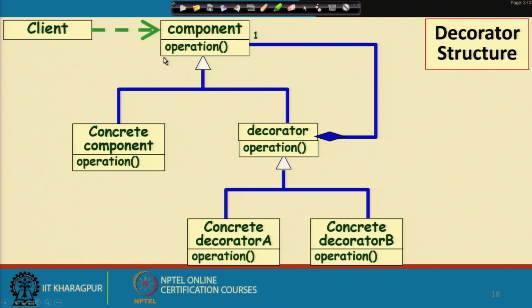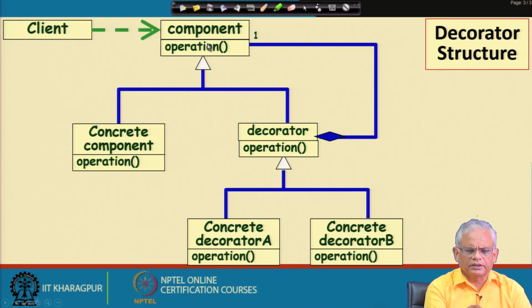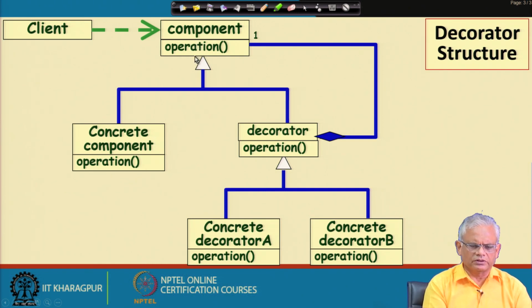Both the concrete component and the decorator inherit from an abstract component, or they implement the same interface component, or they are derived from the same abstract class component, and therefore, they have the same methods. For example, operation is inherited by both the concrete component and the decorator.